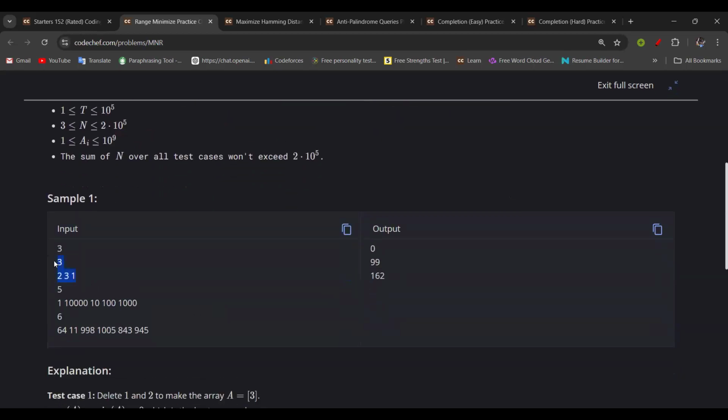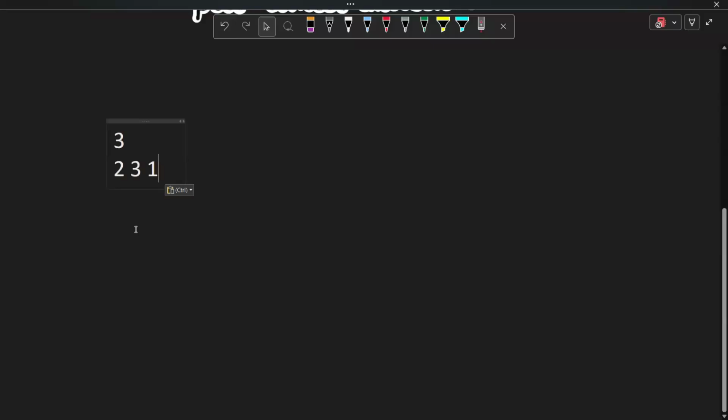Okay, so if we look at the first test case, here n is given as 3 and we are given this array 2, 3, 1.